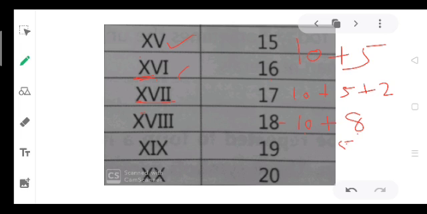For 8 we can break up 5 plus 3, because for 5 we are having the symbol. Then for 3, 1 plus 1 plus 1. So here we can write for 10 X, 5 V, and I, I, I. X, V and 3 times I.